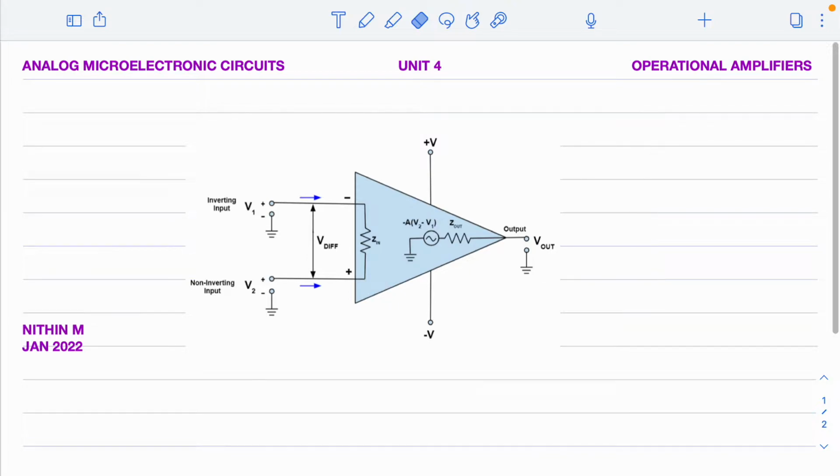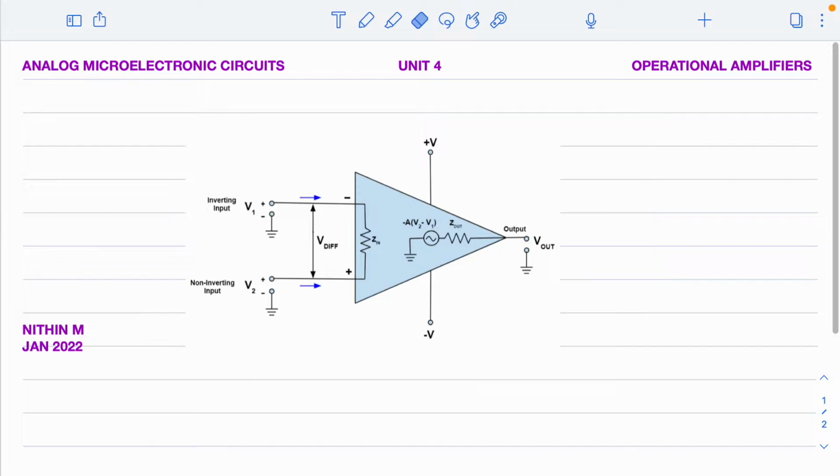I hope you have heard about operational amplifiers even in the first year course, where the op-amp is one of the crucial blocks in all analog systems even today, because whenever we talk about any analog system or any analog circuit, the operational amplifier is an integral component in that. So an op-amp is widely used in a lot of discrete applications.